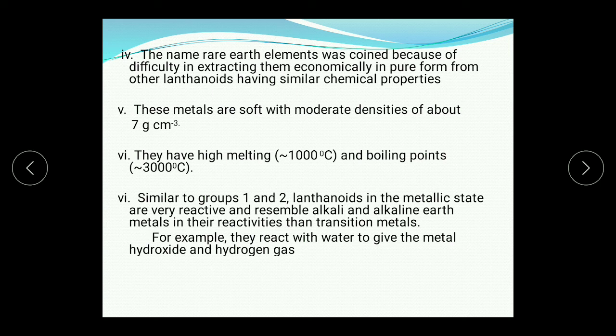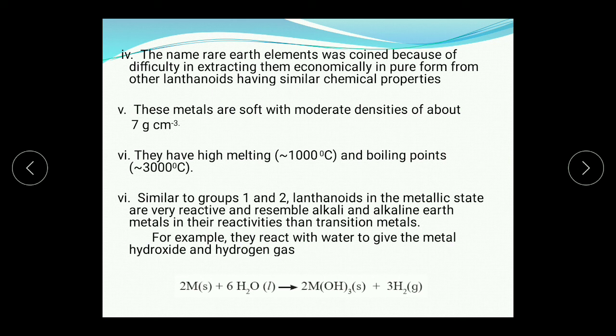If we compare them with first and second group metals, alkali metals, they also react with water to give metal hydroxide and hydrogen gas. This property is similar to that of alkali metals. The name alkali metals is given just because they give alkali with water.